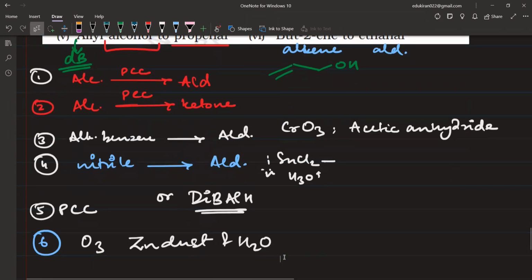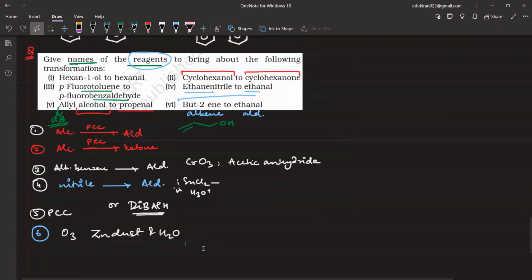Write this down, guys. Sir, can you zoom out? For the questions, yes, this is an NCERT. You can copy the question later on also.